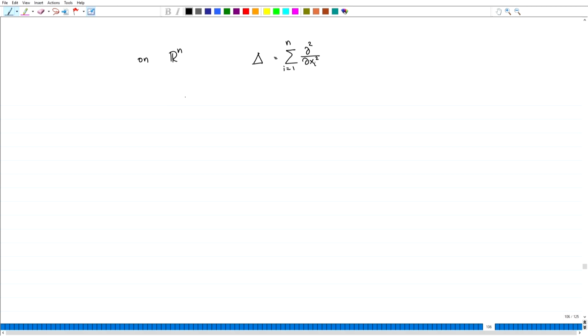Now consider the equation delta of u is equal to 1 by c square del square u by del t square. For dimension n equal to 3, this determines the behavior of electromagnetic wave in the vacuum.